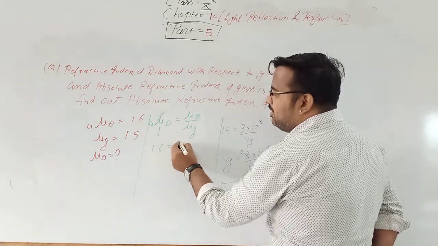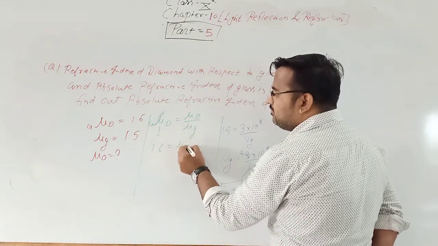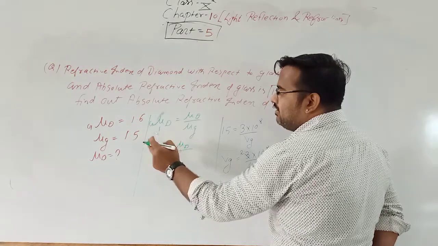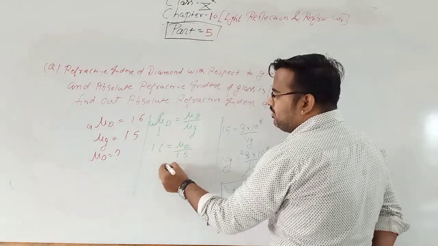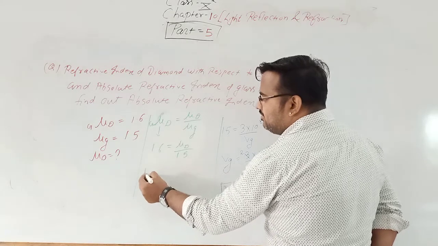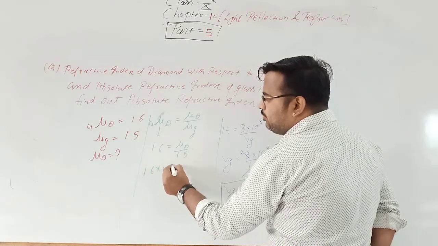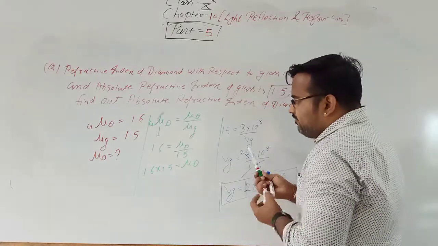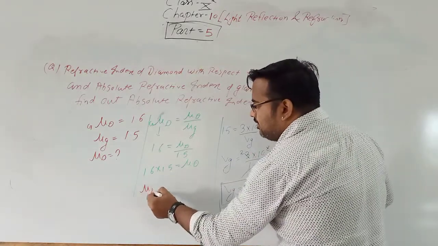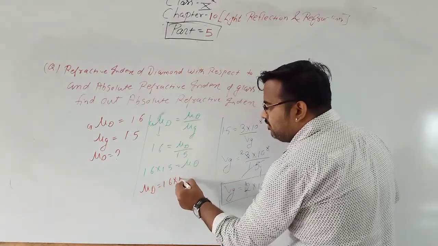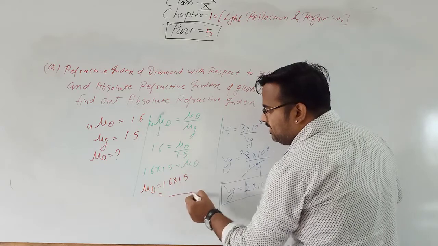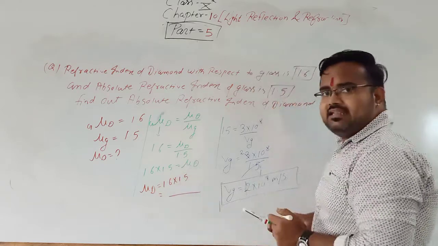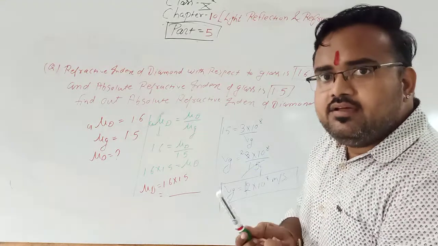Refractive index of diamond is not given, and refractive index of glass is 1.5. So these two would multiply with each other. 1.6 into 1.5 is equal to the refractive index of diamond. You can multiply and get the answer. Clear?